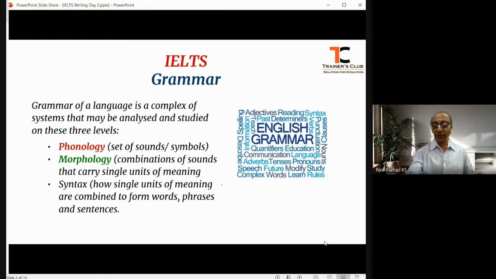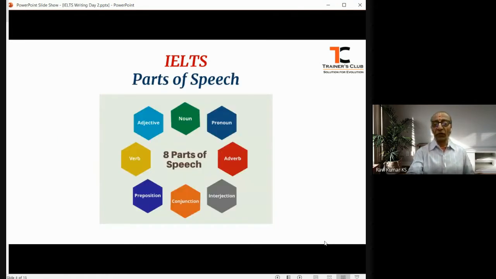Okay. Now let's see how it goes. So the noun and pronoun are very important. All of you know what a noun tells about, isn't it? A noun tells us about a person, place, animal, thing, or an idea.